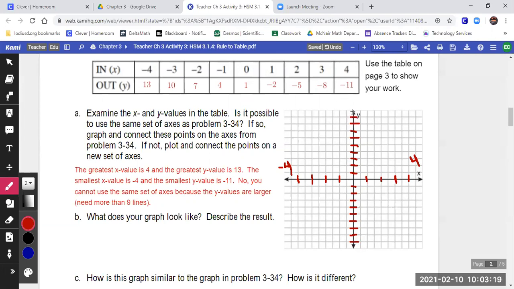what number am I going to say up here the y's are worth if each of these is worth 2? So I go 2, 4, 6, I keep going all the way to the top. What am I going to get?